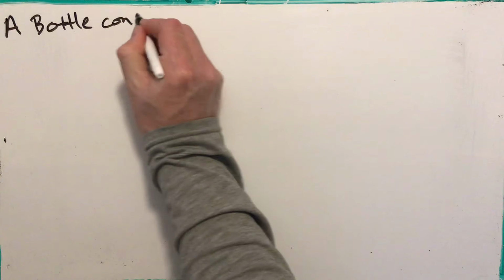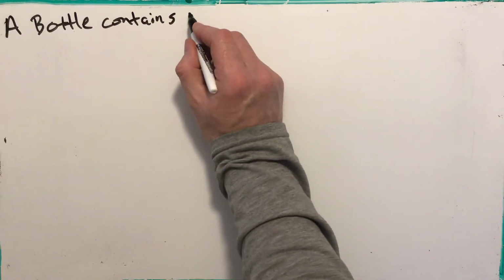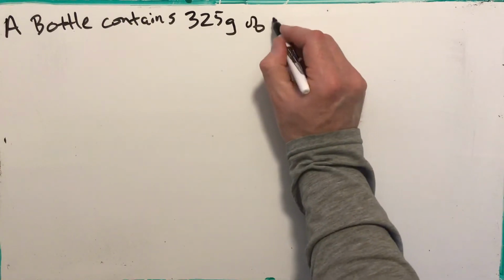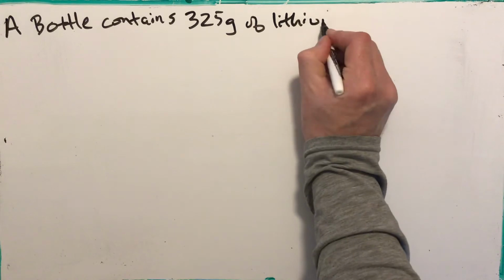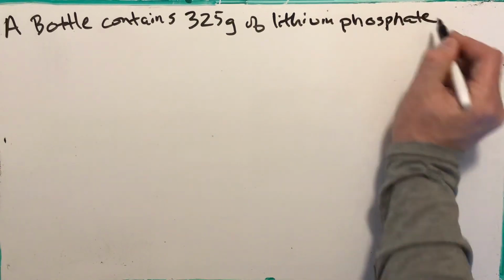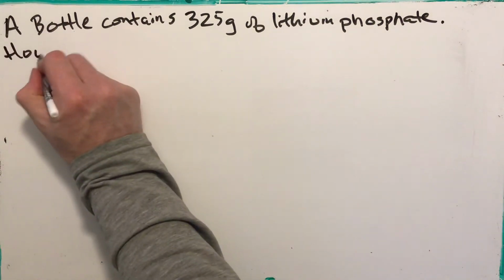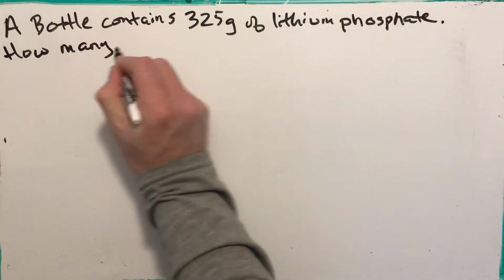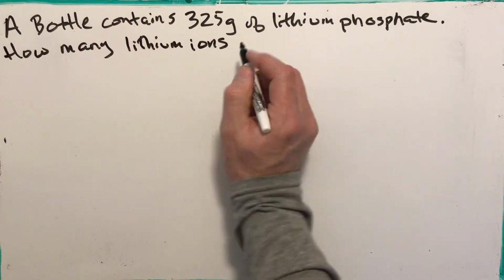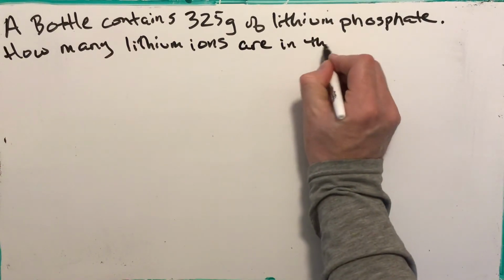A bottle contains 325 grams of lithium phosphate. How many lithium ions are in the bottle?